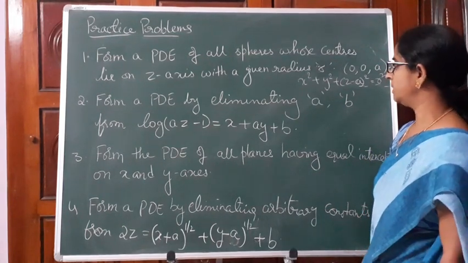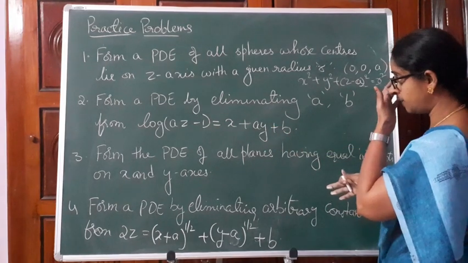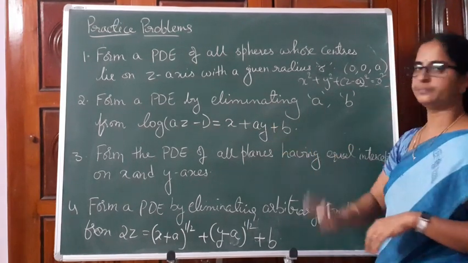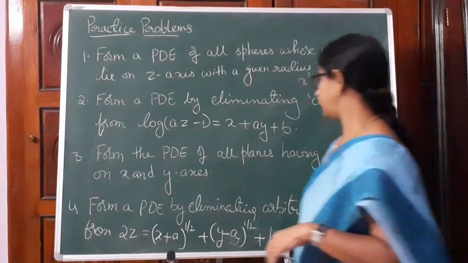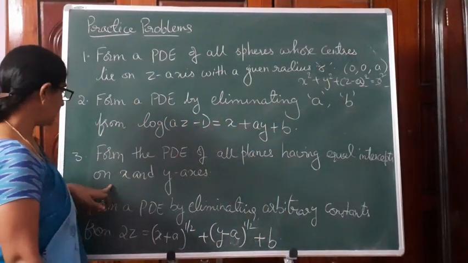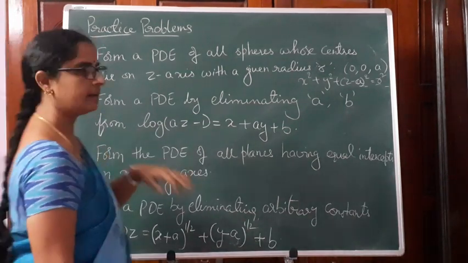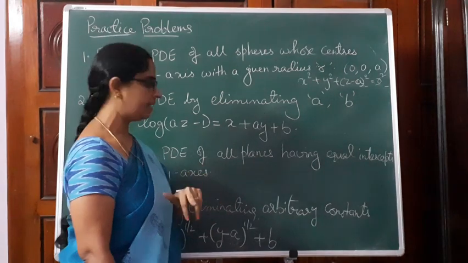Second one, the equation is given here. Log of az minus 1 is equals to x plus ay plus b. Eliminate a and b. Third one is form the partial differential equation of all planes having equal intercepts on x and y axis. What is the equation of plane having intercepts a, b and c?